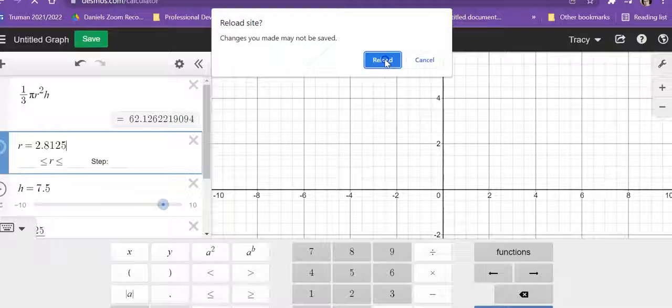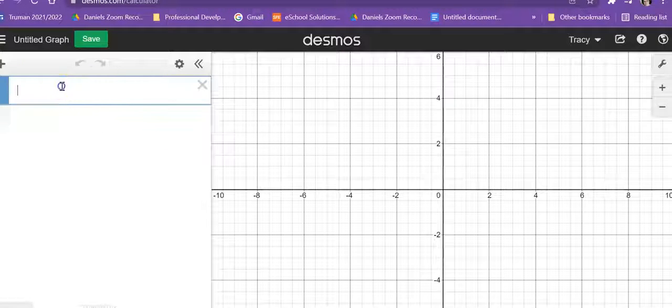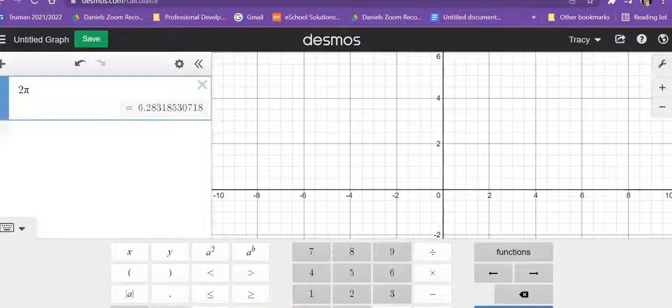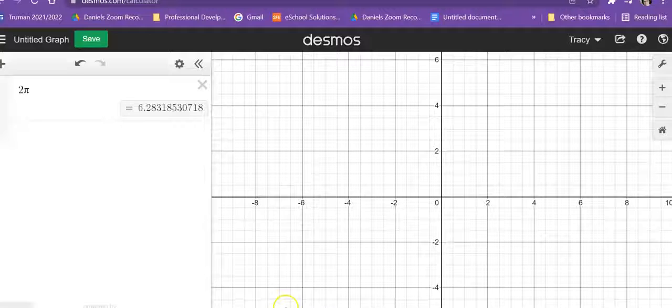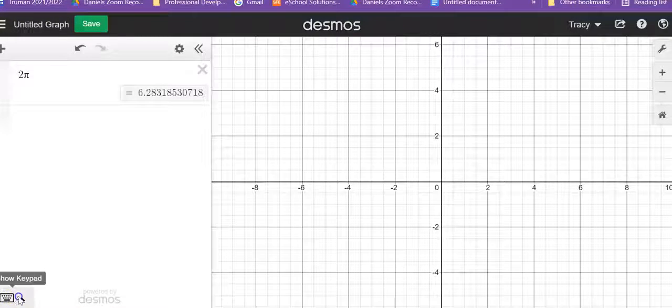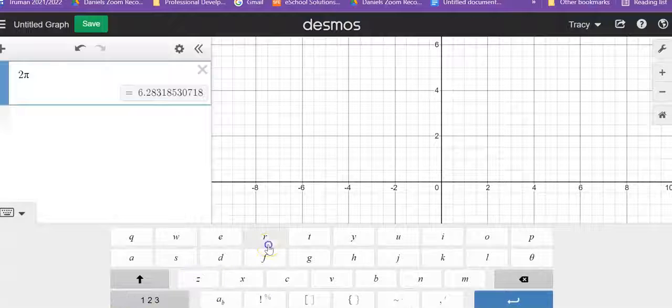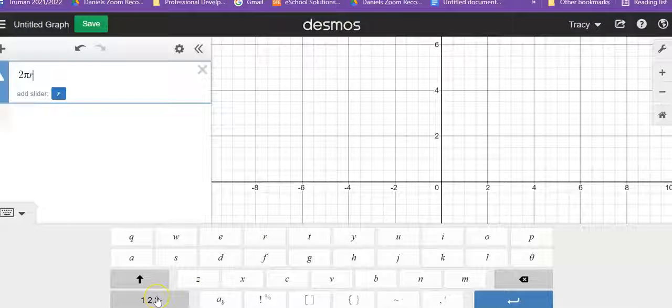Okay, so Desmos. We'll use 2 times pi, then r, times h.